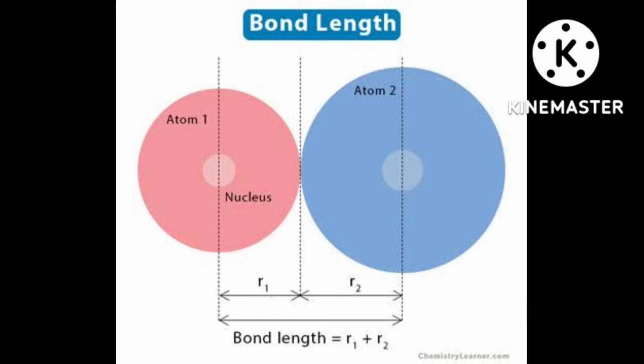Means the electronegative atom will take the electron fully. This one will lose the electron and become positively charged, the other will take the electron and become negatively charged. Due to this development of opposite charges, they attract each other. This force of attraction is called ionic bond.